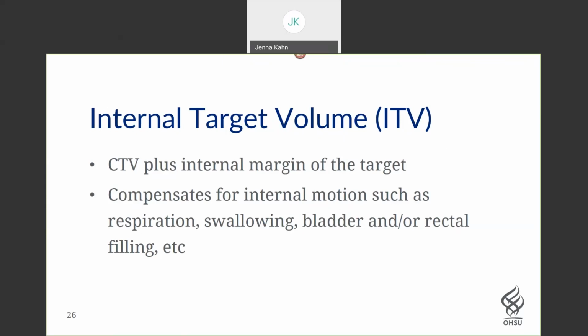The lungs, while you're breathing, are moving up and down, side to side. And we want to account for that internal target motion by watching with a 4D CAT scan every phase of breathing and accounting for that with an internal target volume to account for the entire tumor motion.